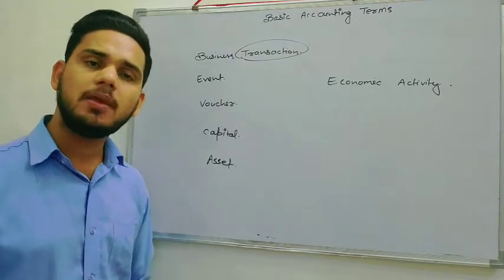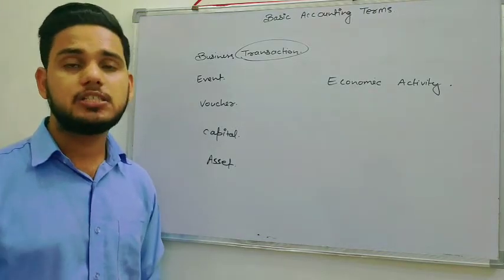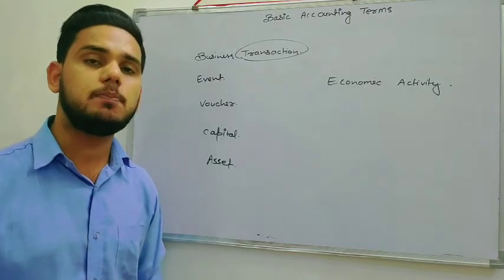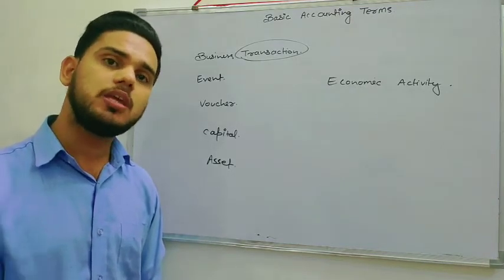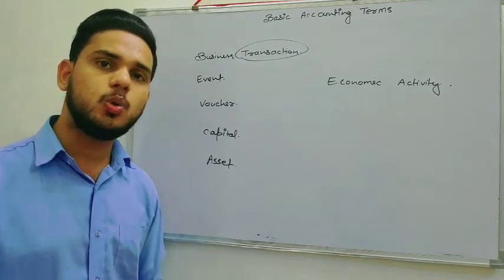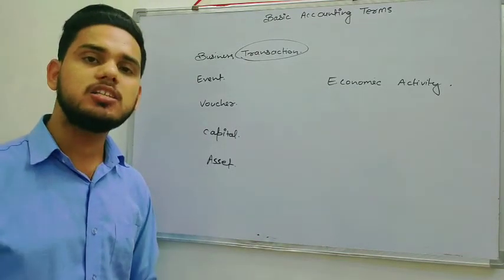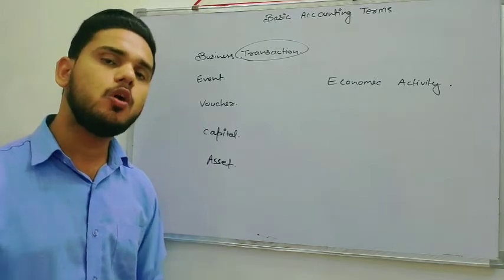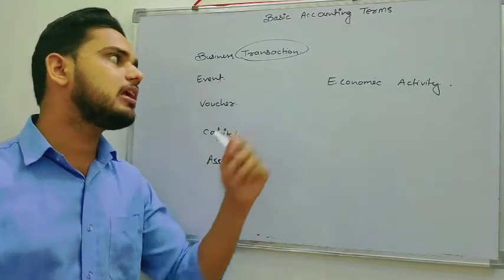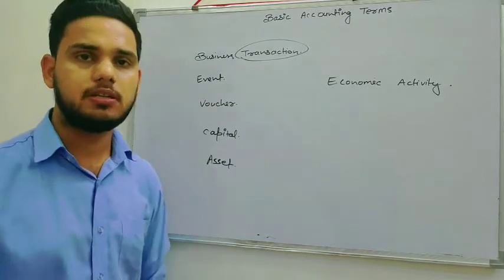Now what is economic activity? Economic activities are those activities which are done for the purpose of making profit. If you are doing any work and the objective behind it is related to earning some profit, you have a motive of making profit, that activity will be classified as economic activity.